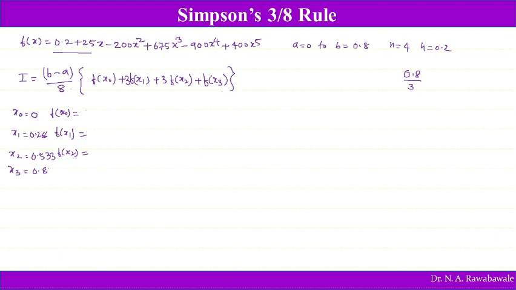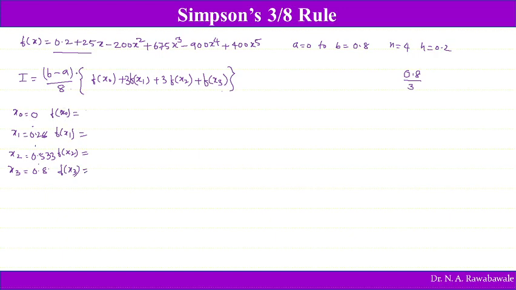So in this way we have to divide this range 0 to 0.8 into 3 segments. This is first segment, second segment, third segment, and 4 points. So f of x3 we get.